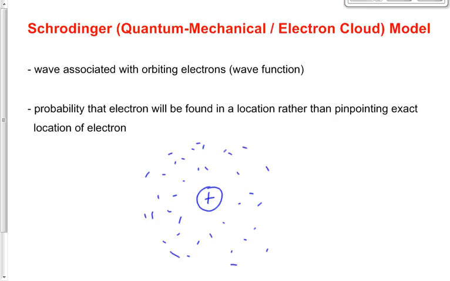They're on levels, but those levels are within clouds. There's a certain probability that we'll find an electron right here. There's another probability that we'll find an electron right here. Another one that we'll find an electron right here. But we don't know for certain until we've found it. It's kind of like radioactivity, right? We don't know for certain when things are going to decay until they've already happened.